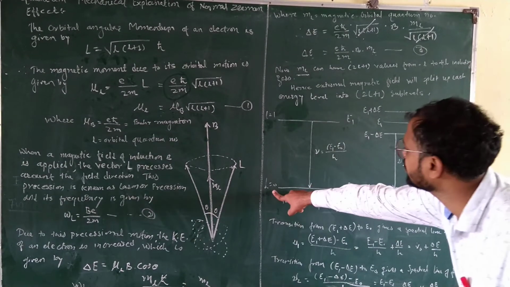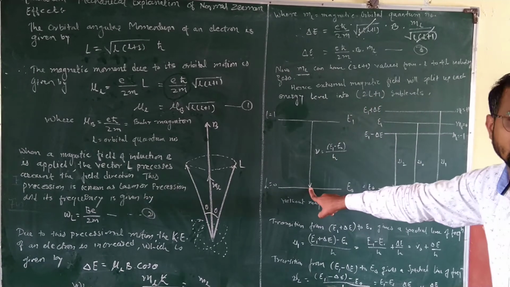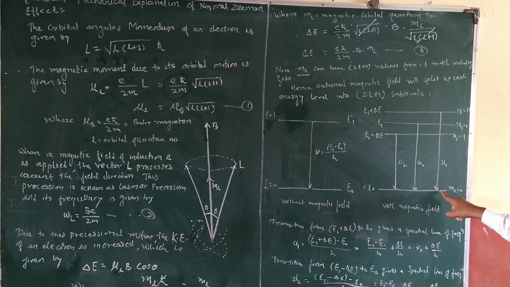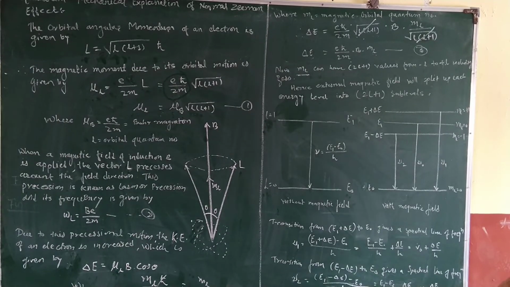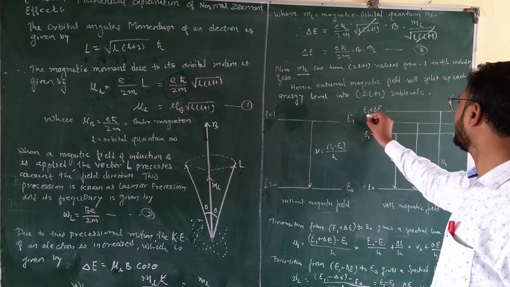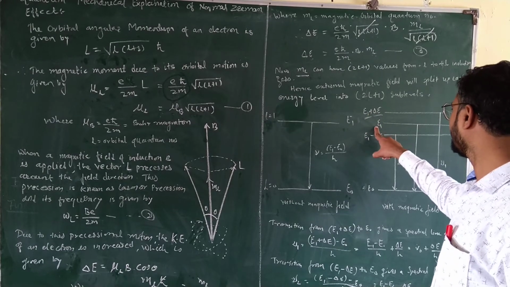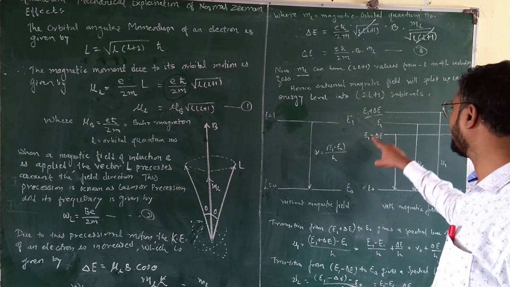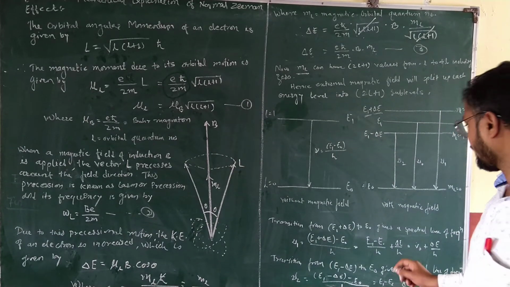Suppose L is equal to 0, so 2 times 0 plus 1, this is not split, this is ml 0. This line is not split. So the ml plus 1 is the energy line E1 plus del E. This is as it is E1, and this is E1 minus del E.